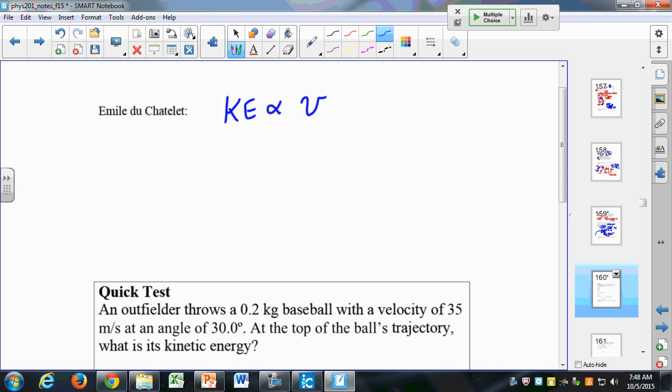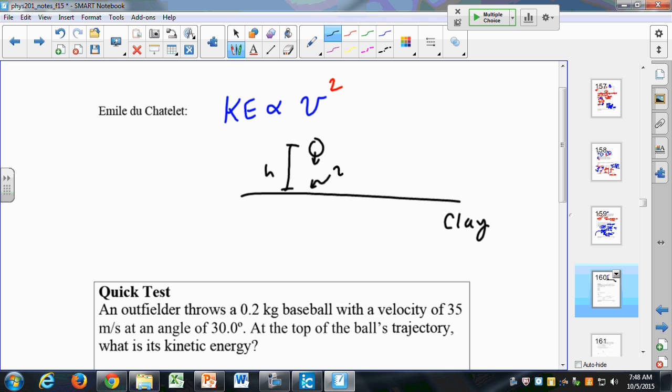But she showed that instead of the kinetic energy being proportional to the velocity, it's proportional to the velocity squared. And she had a very simple experiment. She had a substrate of clay, or just a bed of clay, and she would drop a ball from a certain height, from a height h, so that when it reached the bottom, it would have a velocity v.